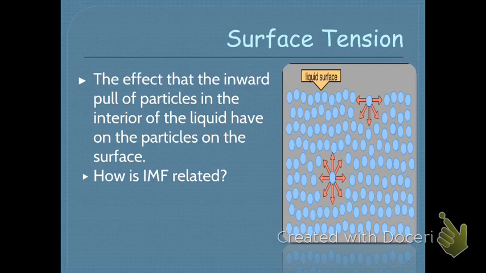And so surface tension is how strongly these molecules hold on to each other. And so if you have greater IMF, you actually have greater surface tension. Okay.